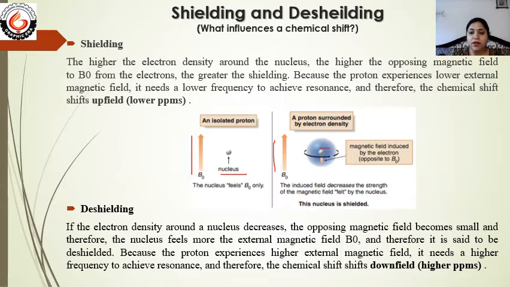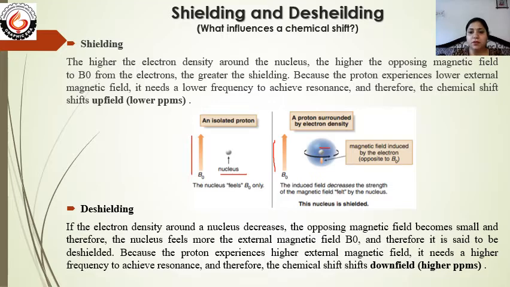Between the nucleus and the external magnetic field, there are some electrons which affect the difference between the plus half state and the minus half state. So the requirement of radio frequency is slightly different to flip from the lower state to the higher state.